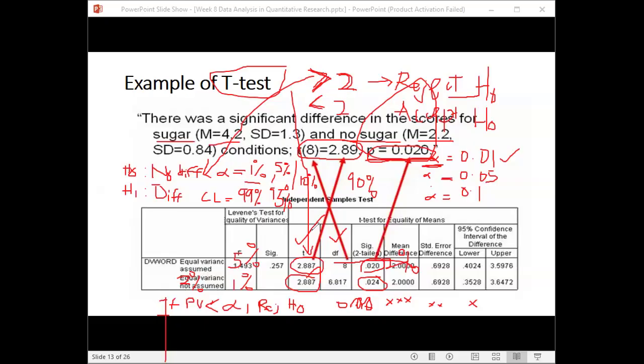You don't want 10% because people can argue with you and tell you that there's too much room for error with 10%. So even though you've made this conclusion, I don't buy it because it's too much of a risk to act on your recommendations under 10% level of significance. They might not do it, but they will do it for 1 and 5%, which is normally the standard. Do you get it? Yes, sir.